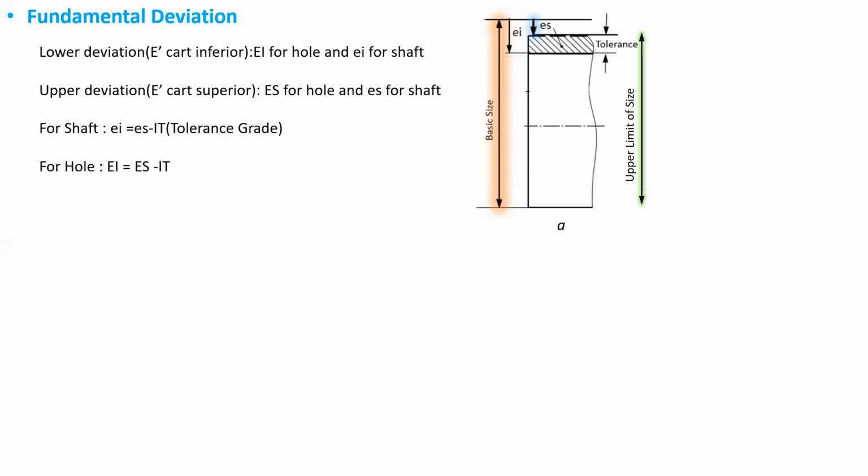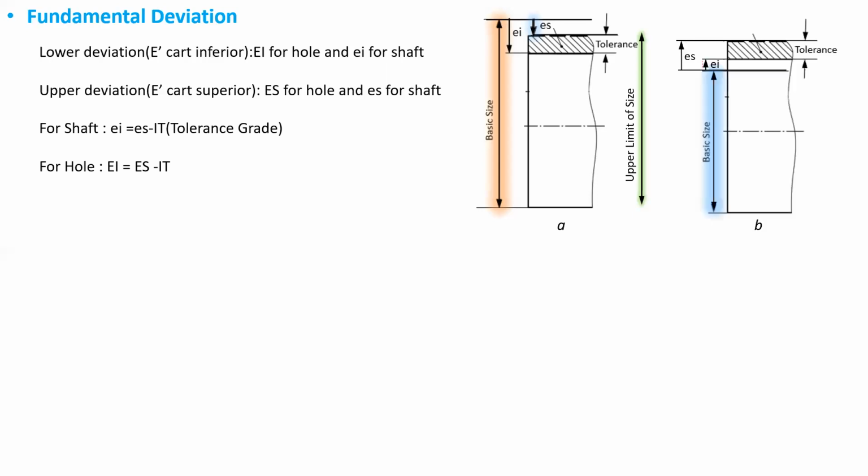So the shaft in this case is designed in such a way that it will always be smaller than the basic size. Similarly, in figure B, we can see that the lower deviation is the fundamental deviation as it is nearer to the basic size, and shaft B is intentionally designed in such a way that it will always be bigger than the basic or design size.